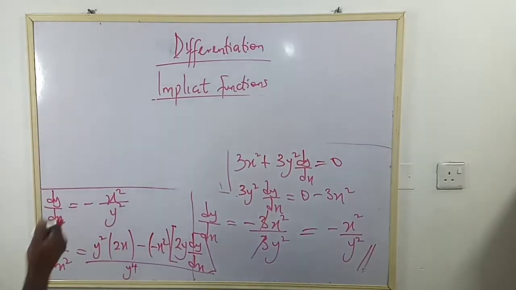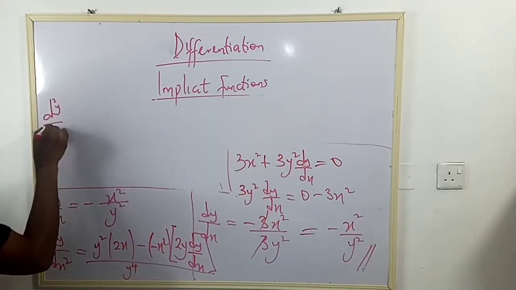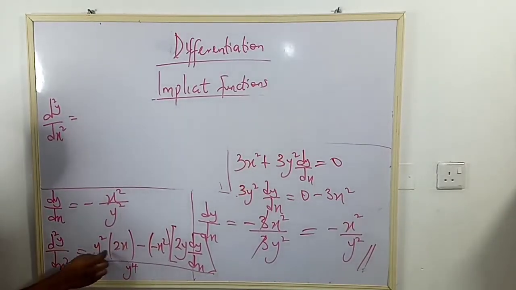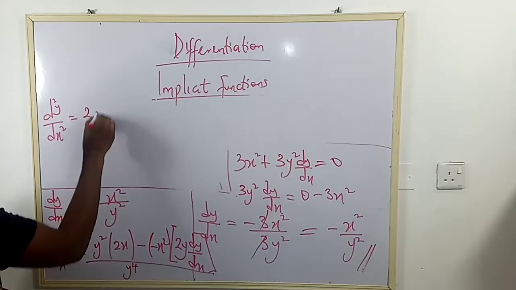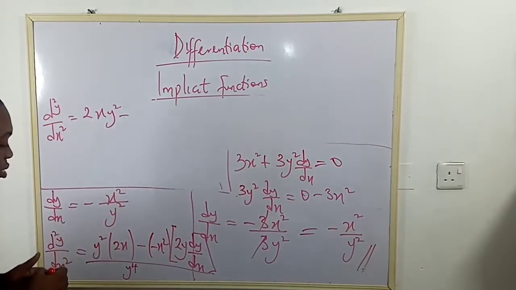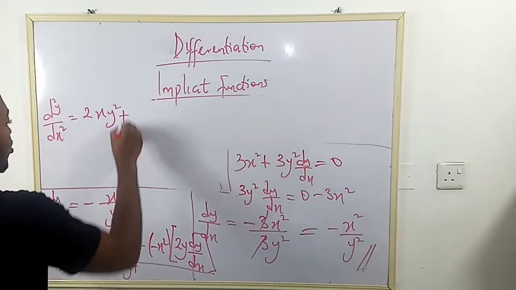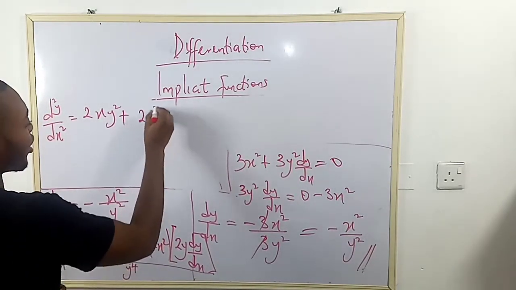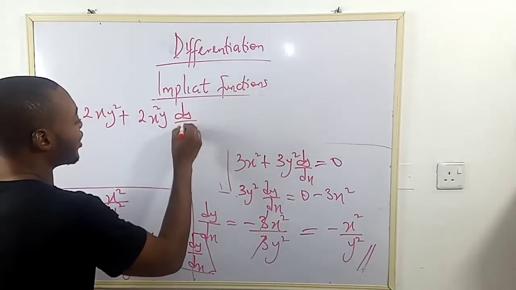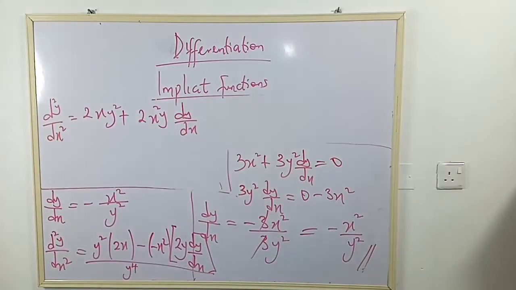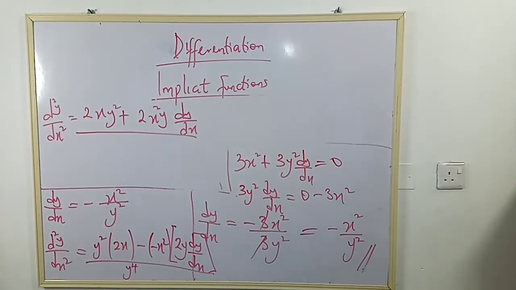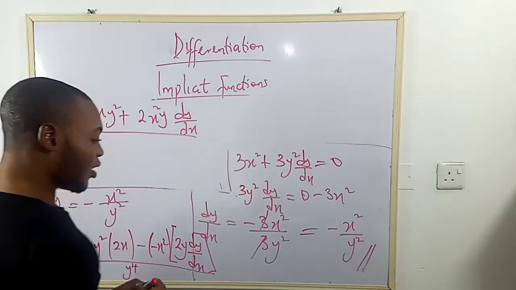Do you get that? This implies d²y/dx² will be equal to, so we have this multiplied by this: 2x y squared, minus and minus that was plus, minus 2x squared y dy/dx, all over... Oh, don't forget that we have it to be equal to 0.